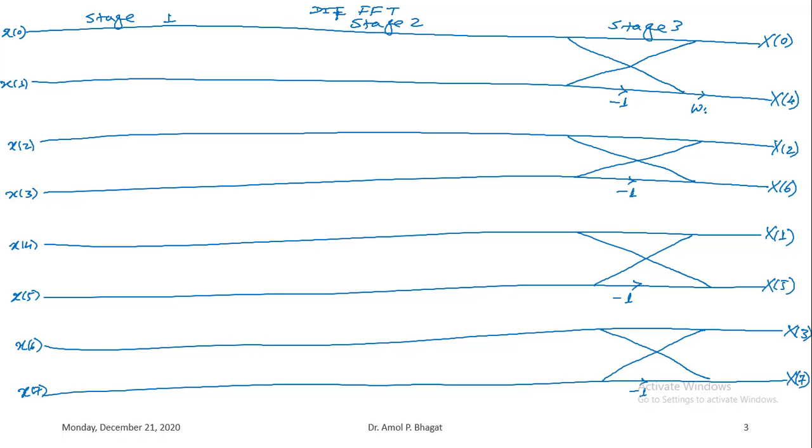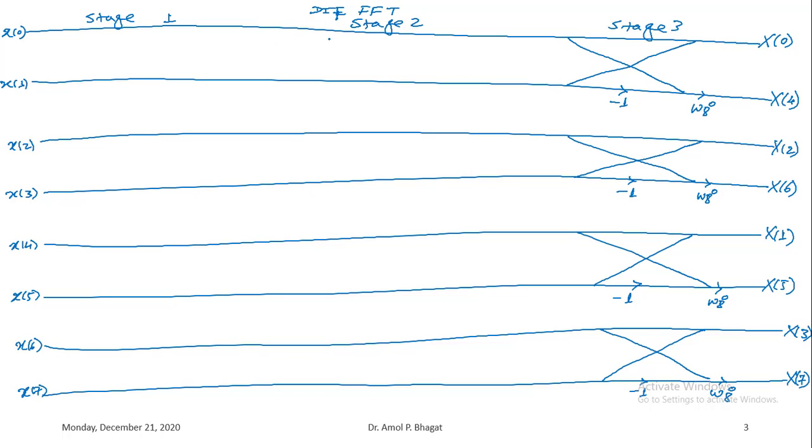So here it will be W8 0, again W8 0, again here W8 0, again W8 0. While in case of DIT-FFT, these twiddle factors were multiplied at the inputs of these stages.